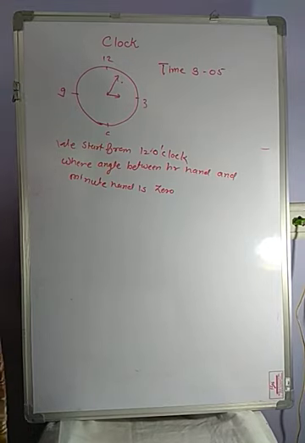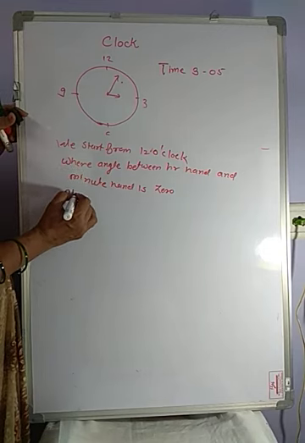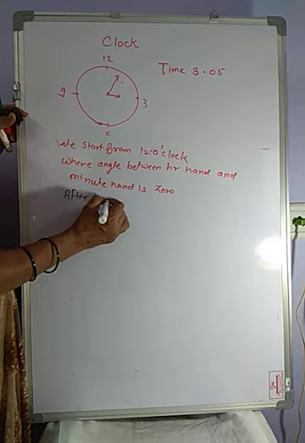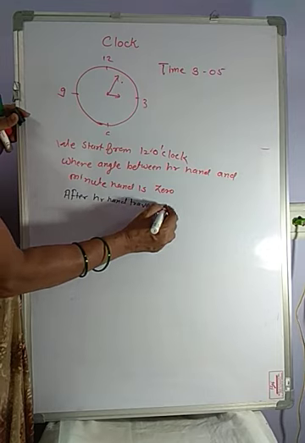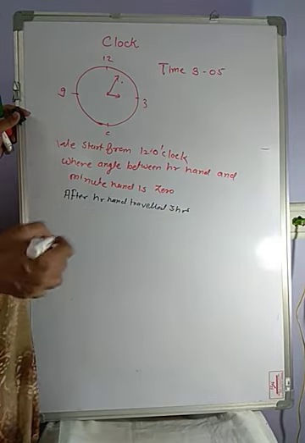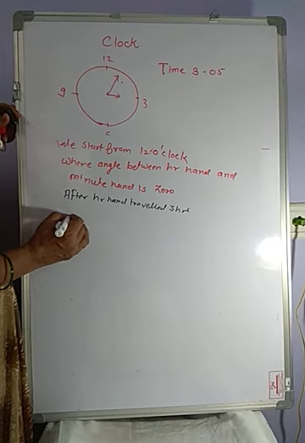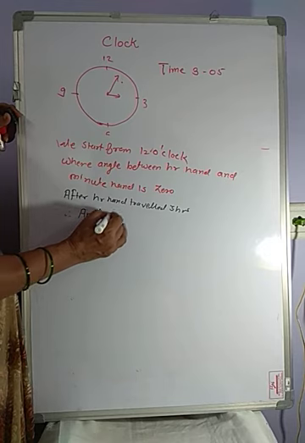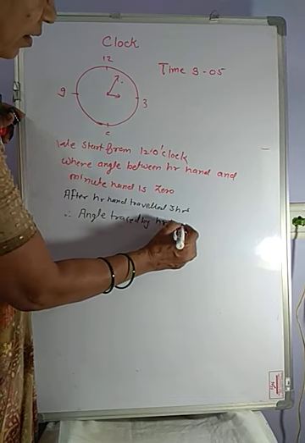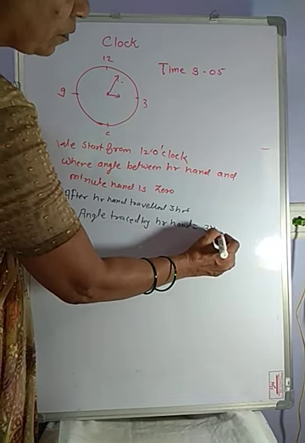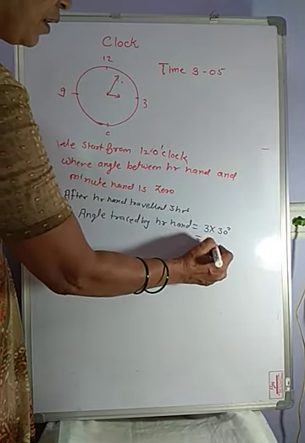After that, the hour hand has passed 3 hours. Now we know that 1 hour is equal to 30 degree. Therefore, the angle traced by the hour hand is equal to 3 into 30, that is equal to 90 degree.